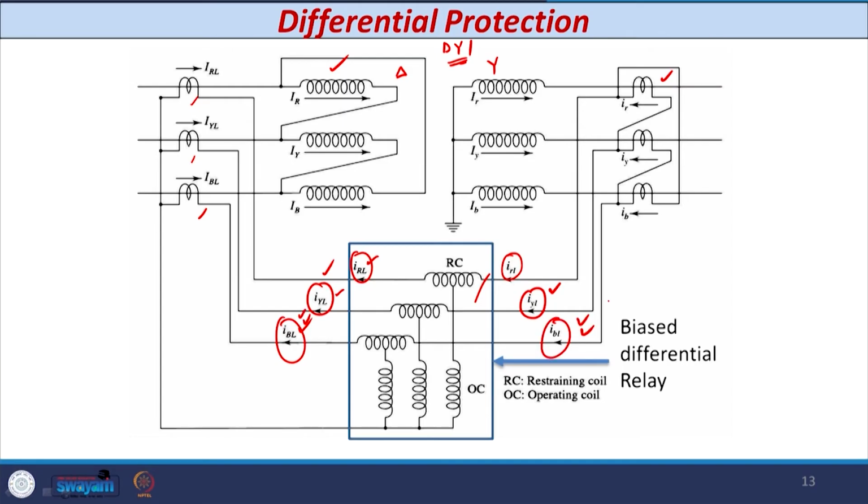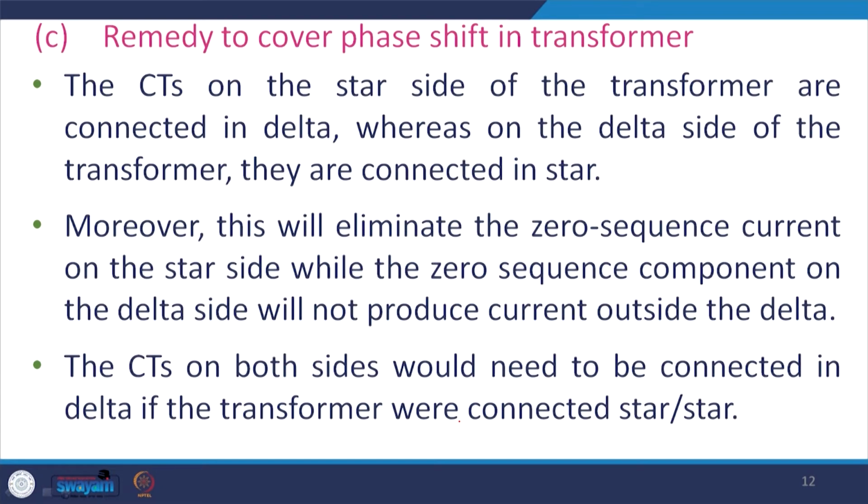These 3 currents are equal in magnitude as well as in phase, because this is a bias differential relay which has 3 operating coils and 3 restraining coils, 1 for each phase. So if we go for any compensation, we have to connect the line CTs like this.